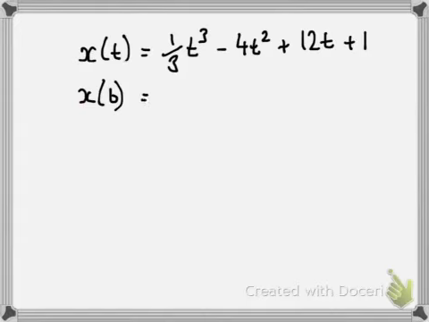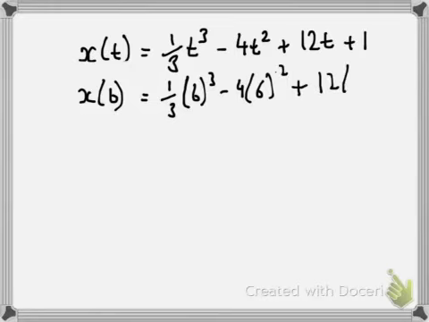So put 6 back into the original, so it's a third times 6 cubed minus 4 times 6 squared plus 12 times 6 plus 1.